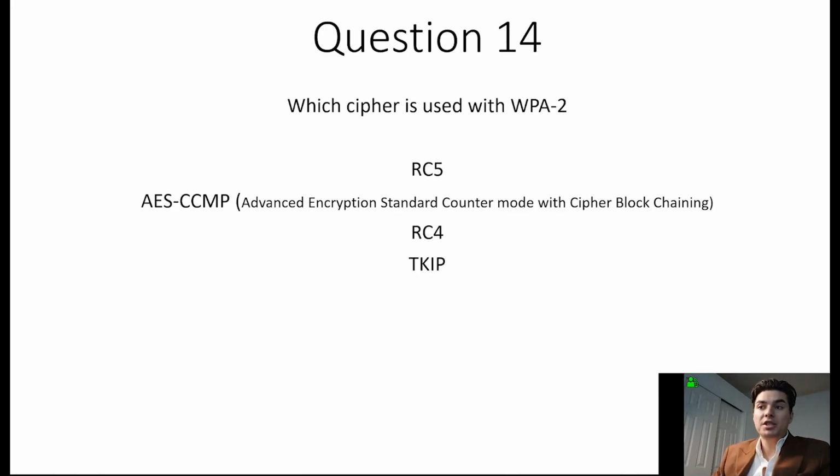Question 14. Which cipher is used with WPA2? So WPA2, let's talk about each of the options on here. So RC5 is a symmetric key block cipher encryption algorithm that was later replaced by AES. AES, Advanced Encryption Standard Counter Mode with cipher block chaining, is used with WPA2.